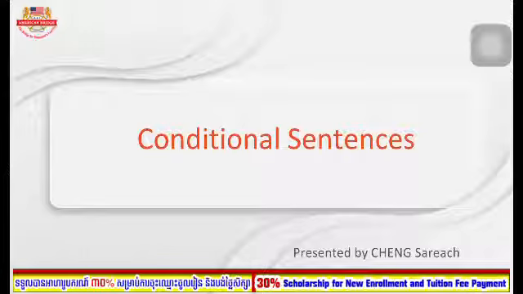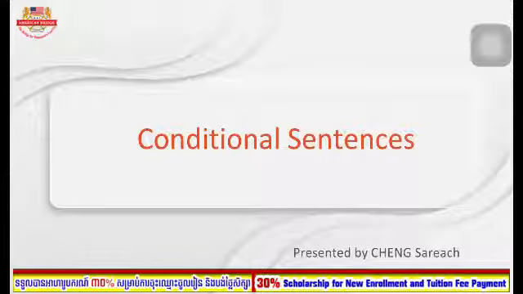Alright, students, for this first section, teacher would like to sum up what we have learned so far about conditional sentences. How many types of conditional sentences have we learned? Who can tell me?